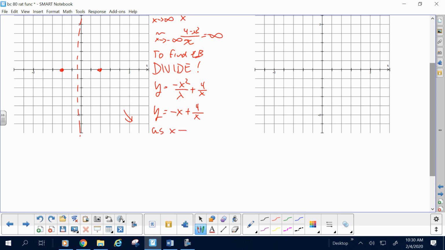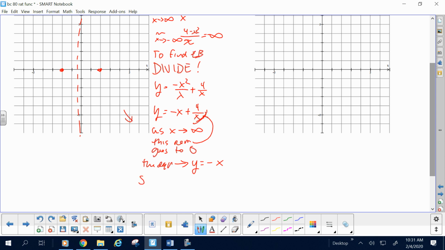As x goes to infinity, this remainder here goes to, what's 4 divided by infinitely large? 0. That means then the equation approaches just y equals negative x. Now that is a line, obviously, with a slope of negative 1.